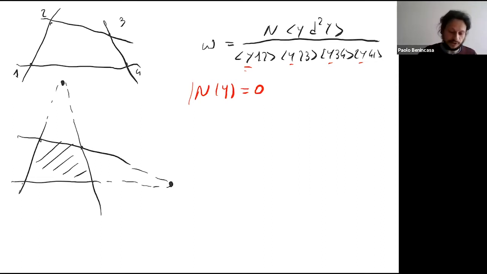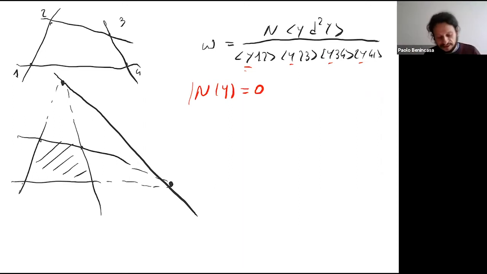They also define a plane, and I won't give you the proof, but the points given by the intersection of the planes outside the polytope identify another hyperplane, and this is the plane which gives you the numerator, where this differential form vanishes.